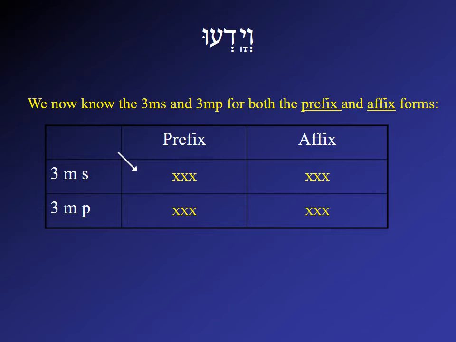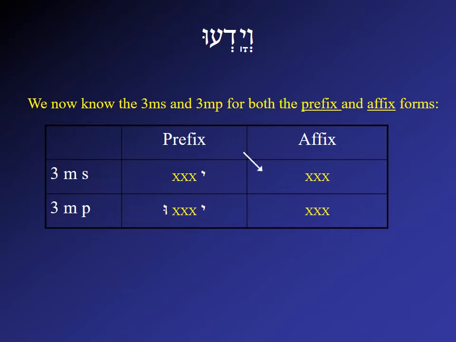There are a couple of exceptions, but in the strong root, that's the way it works. So the prefix form then, if we take the three x's to be the root letters, simply adds a yod as the prefix in the third masculine singular. The third masculine plural, again, adds the yod, but also the prefix complement, which is a shureq.